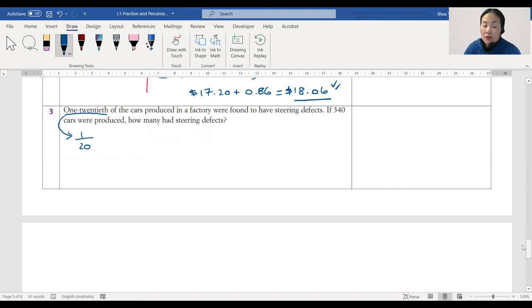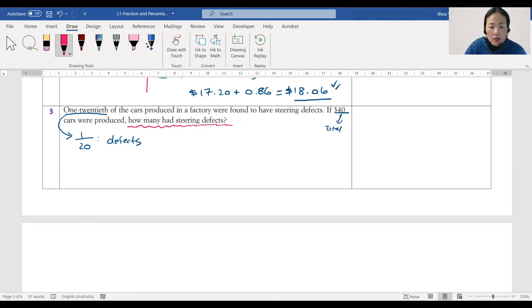It's actually a fraction. But that's okay. That's not a problem. So we got the information that 1/20th of cars had a defect. And that's the total number of cars. So this is the question we have to answer: how many cars have defects.